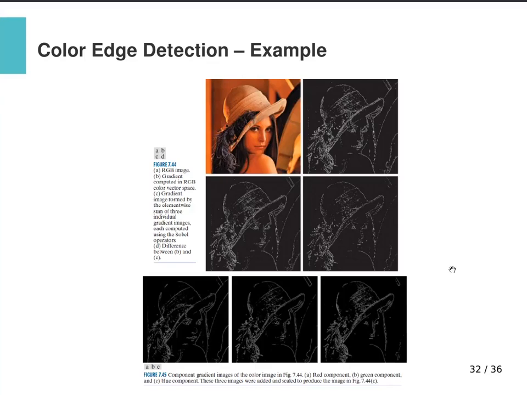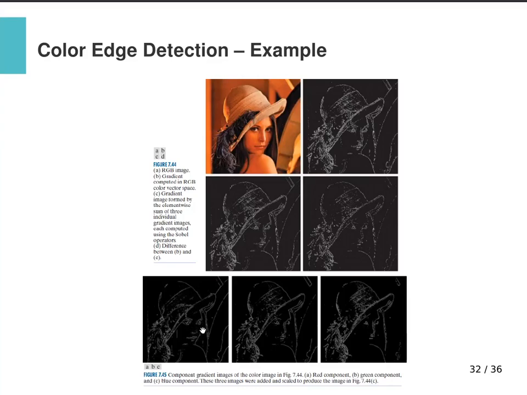And as you can see, they are different; in any of these images there are some regions that are not present in the other images. For example, if you look at this region for the gradient image of the red component and you compare it with the gradient image of the green and blue component, you see more detail that is present in the green and blue component while it is missing in the red component.